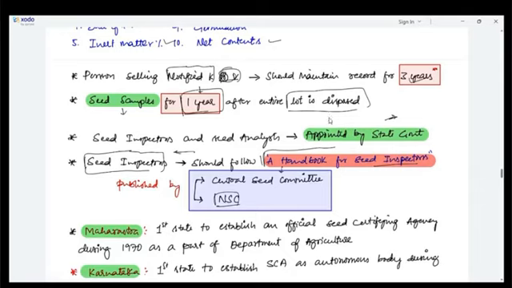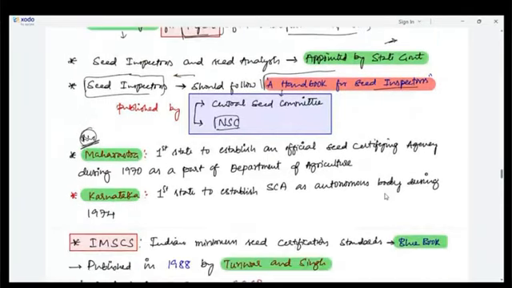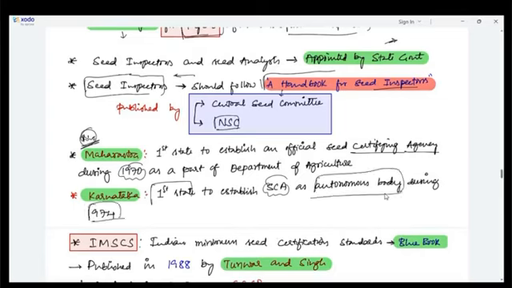Next, this is important to be remembered: when we talk of certification, Maharashtra was the first state to establish an official seed certifying agency, in 1970, under the Department of Agriculture. And Karnataka was the first state to establish a state certifying agency as a completely autonomous body, in 1974. What do you mean by autonomous body?